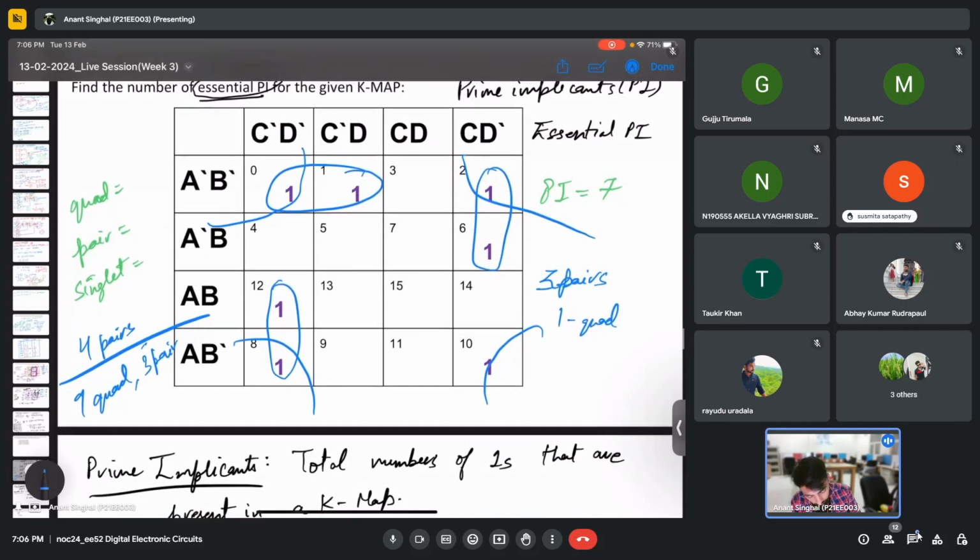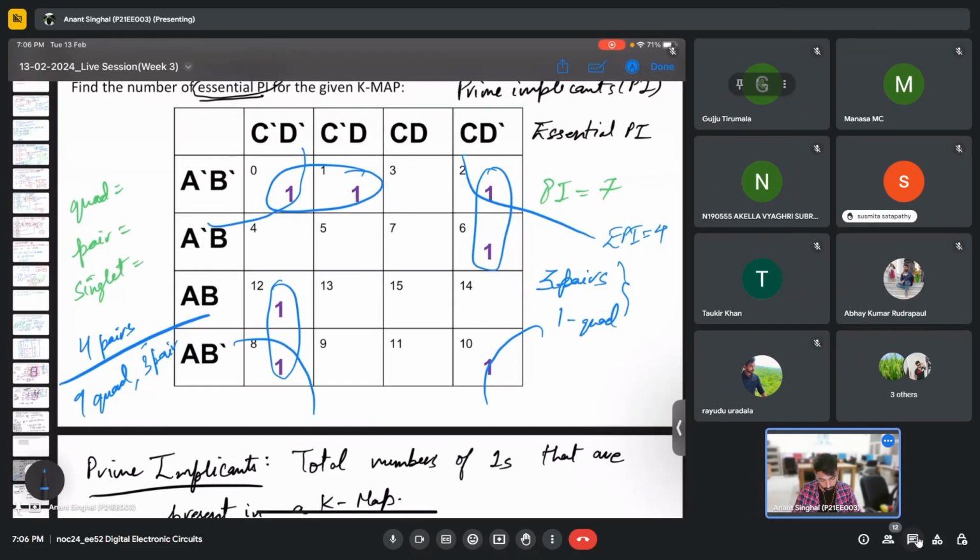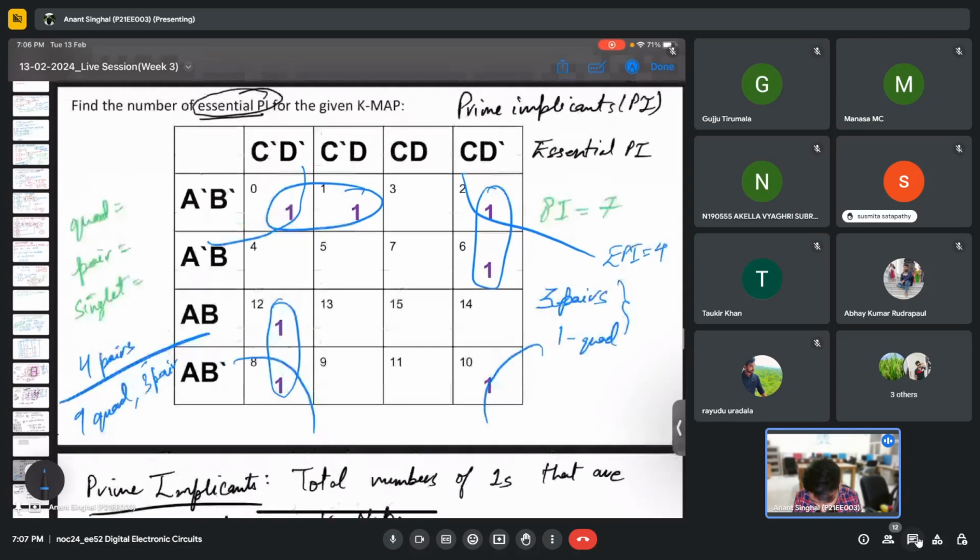So since there are four pairs and quads required, the EPI will be four. Is it clear? So this is the basic concept of prime implicants. So let's move ahead.